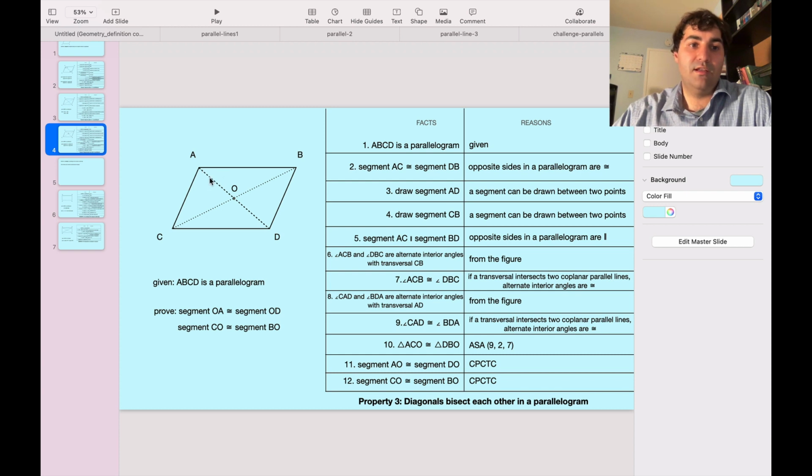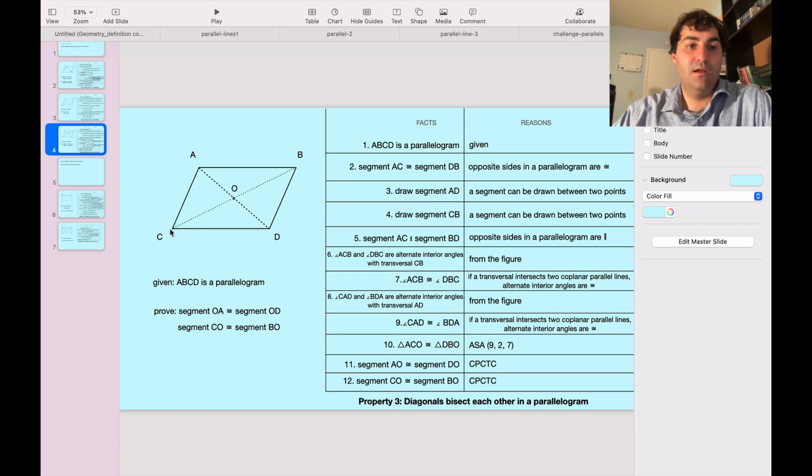So what are non-adjacent vertices? Well, consecutive vertices would be like AC, right? Or AB. So AD would be two non-consecutive vertices, right? And if you draw a segment between these two vertices, then you would get a diagonal.